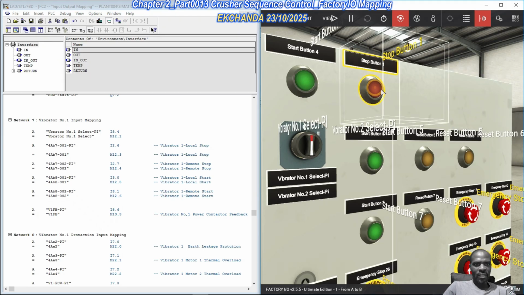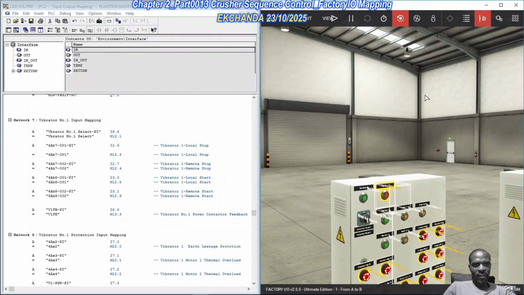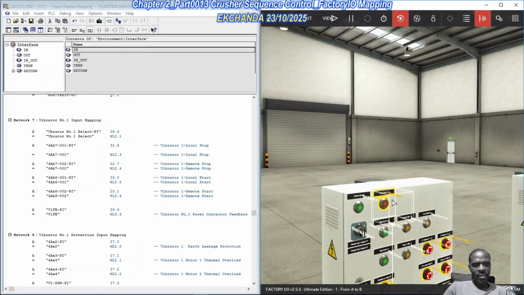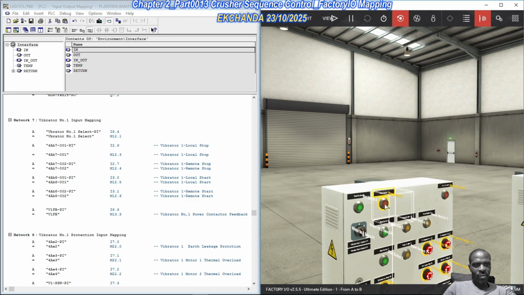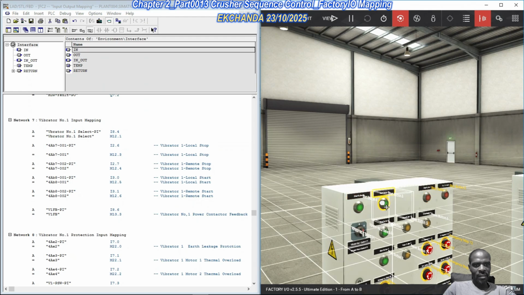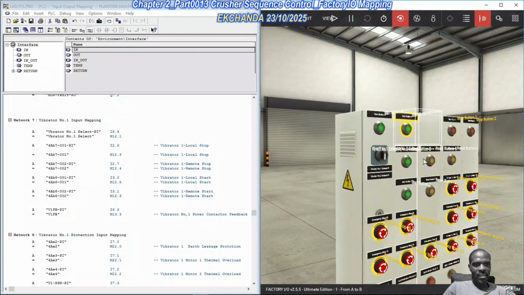So maybe we can move this, problem if I don't get the angle right, it's going to give us some attitude, okay. So one stop push button, the next push button, one start push button, okay, maybe something like this, okay.